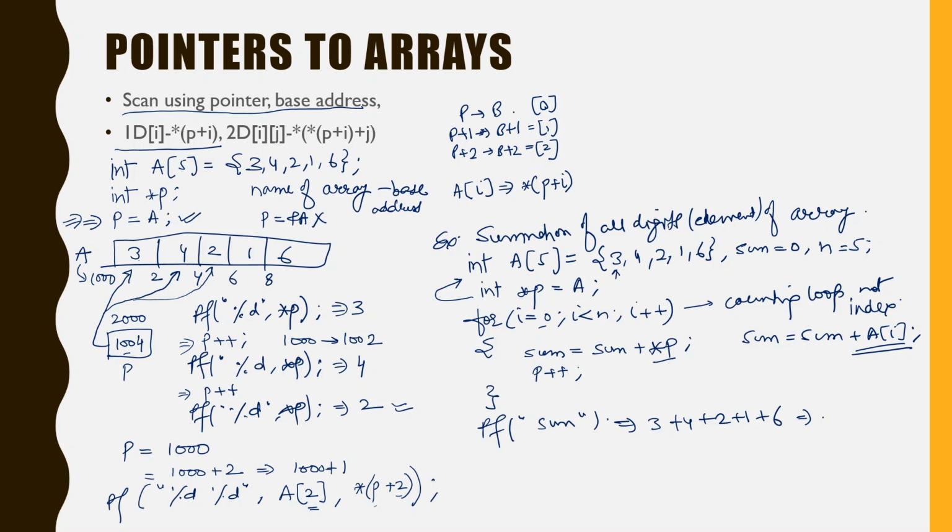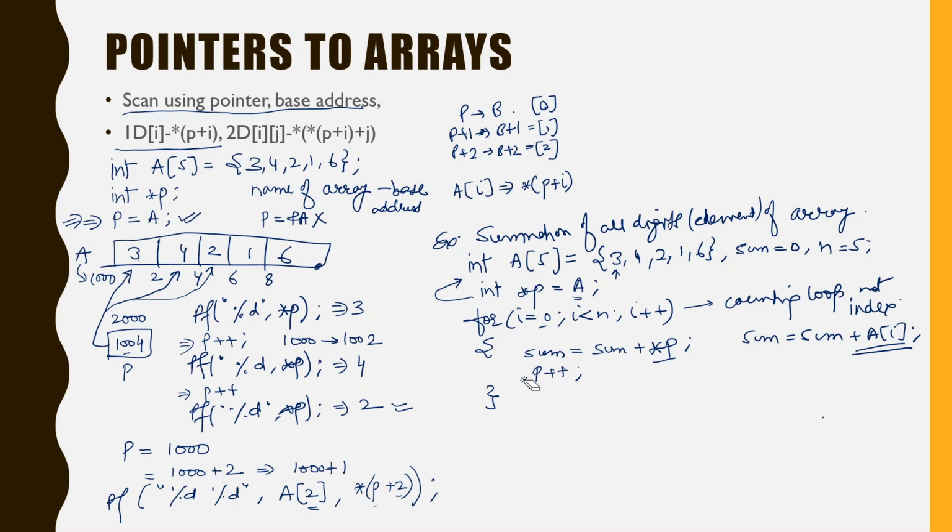Now, if you want to print this array, the problem is this. We have got the sum, but if we want to print this array with the help of p, then you have incremented p. You assigned p to the base address, but due to the increment, p has reached the last.